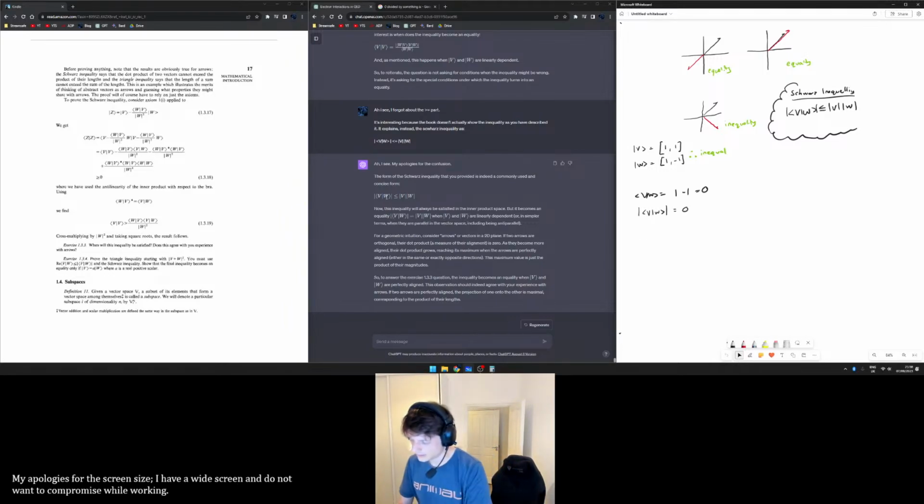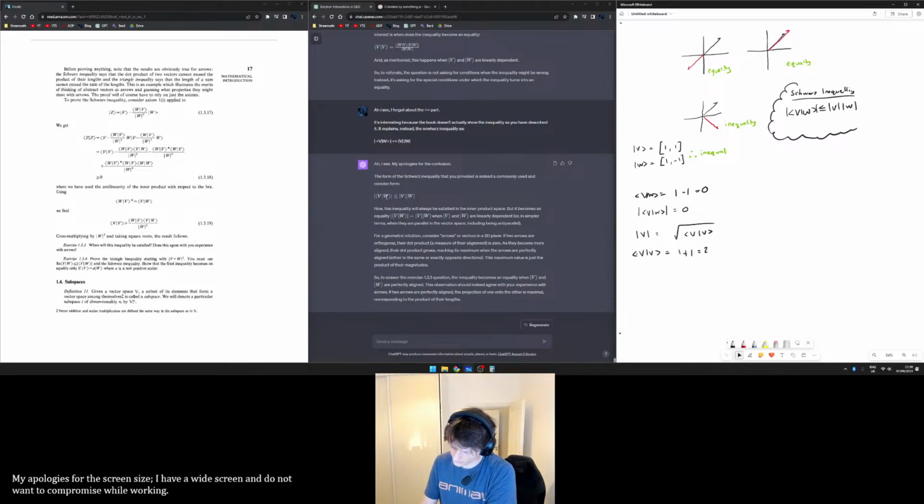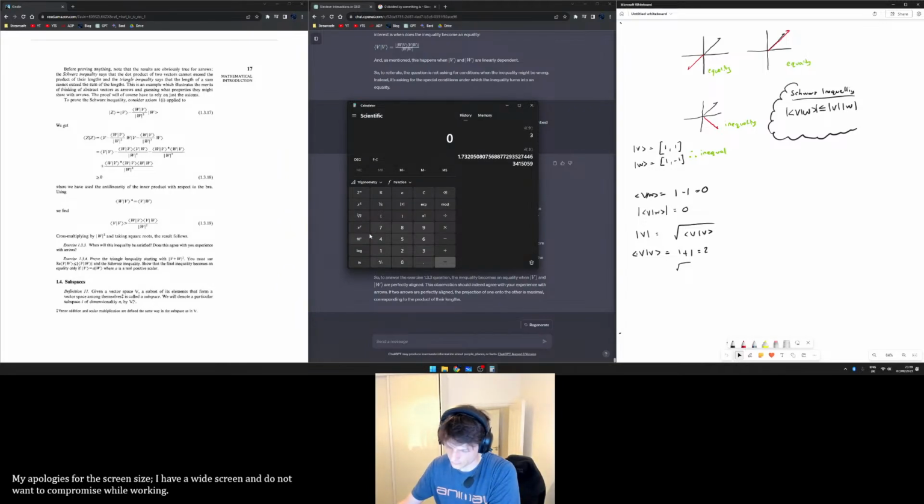And so 0 is less than or equal to, now let's do the magnitude of v, which is going to equal the square root of v, and so we need to do v equals 1 plus 1 equals 2, and so I mean we can already see it, but the square root is roughly 1 point something, let's see, square root of 1.4.